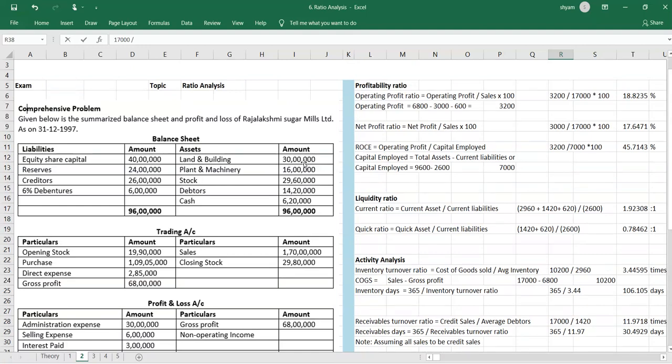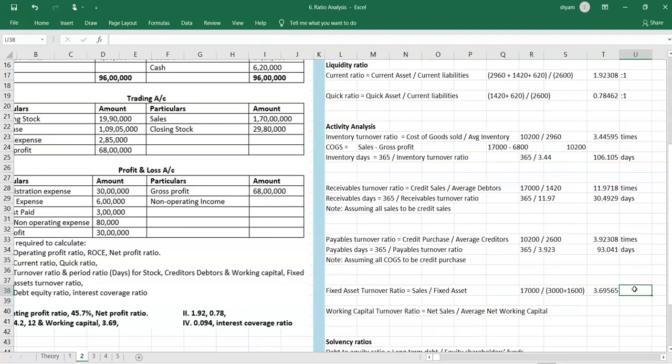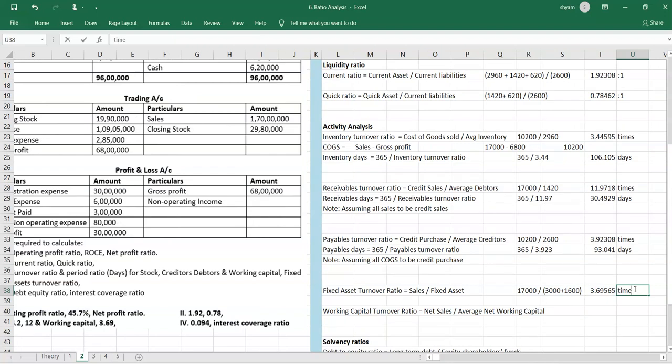So fixed assets are these two numbers. Okay. So we'll start. So the answer will be in times.